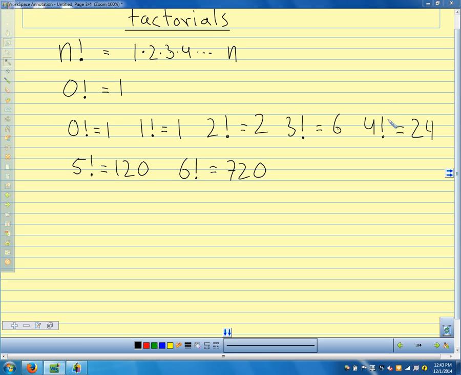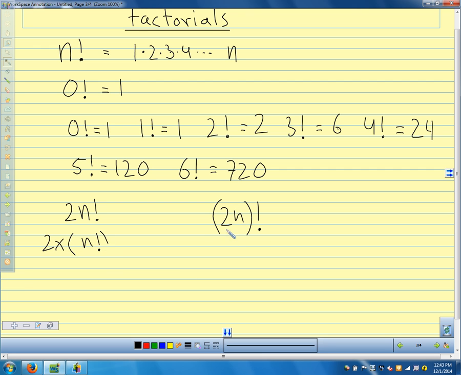All right, let me ask you a question. What would be the difference between this and this? What do you think, Nikki? Yes, the first one is saying find the factorial of n and multiply by 2, so this is 2 times n factorial.